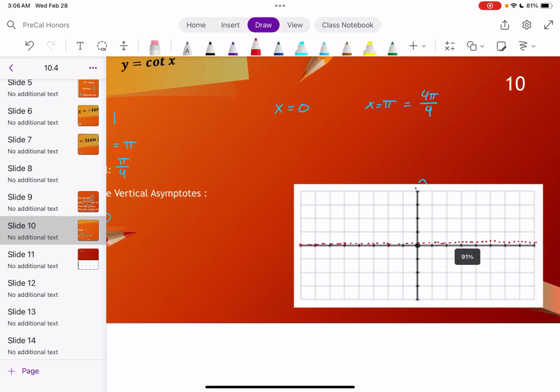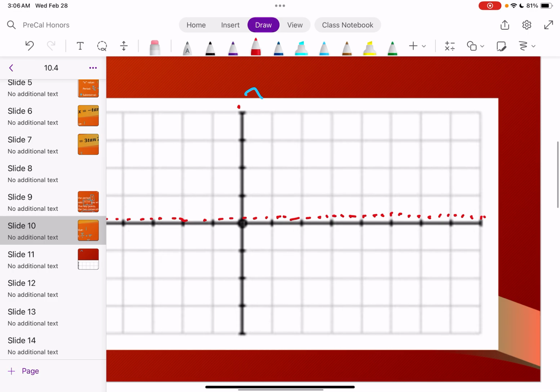Label out your x-axis. Notice we're starting off at 0. Pi over 4, 2 pi over 4, 3 pi over 4, 4 pi over 4. We know that our vertical asymptotes are going to occur at 0 and at 4.